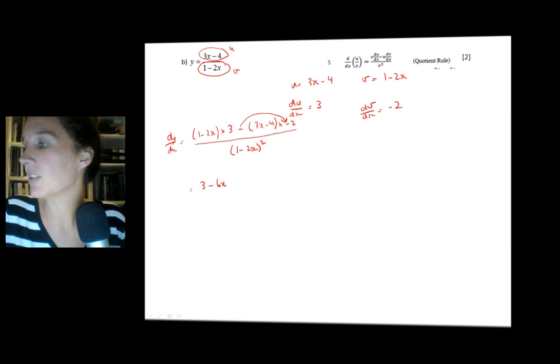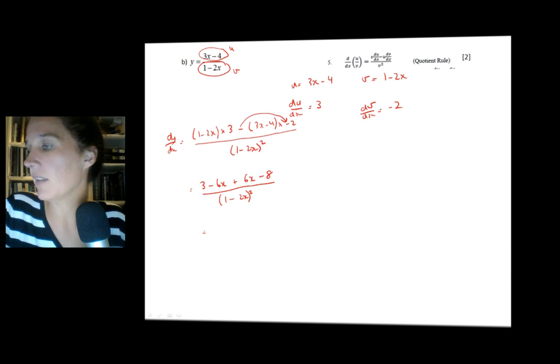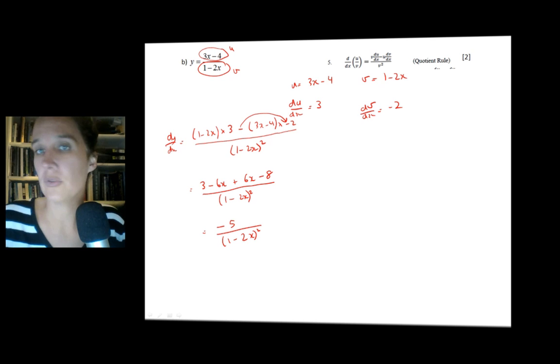So this just becomes plus 2 times 3x is 6x, and 2 times negative 4 becomes negative 8 on 1 minus 2x all squared. Here our 6x's disappear. 3 minus 8 gives us negative 5 on 1 minus 2x all squared.